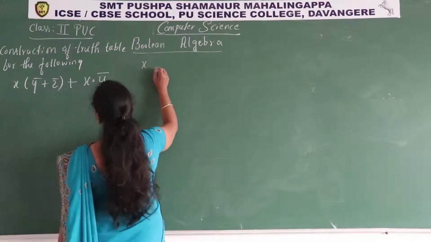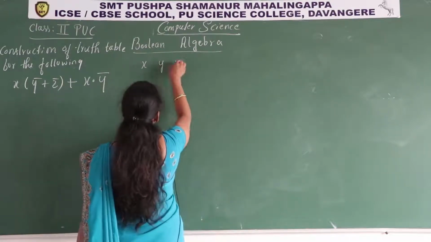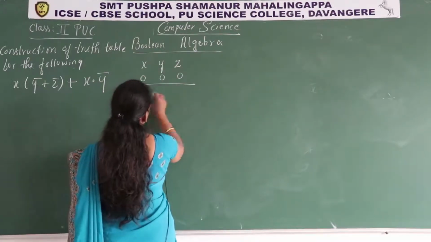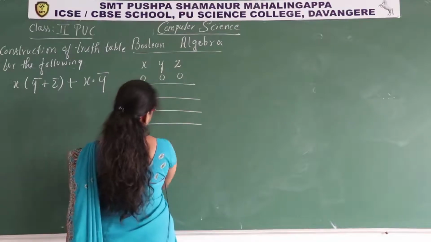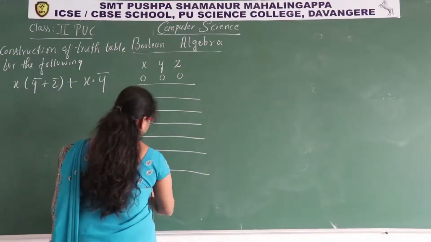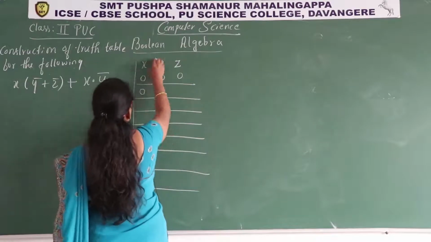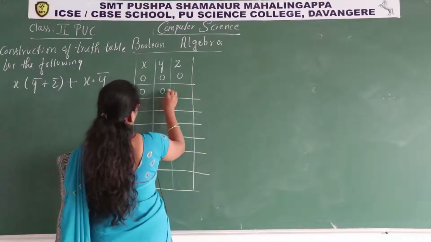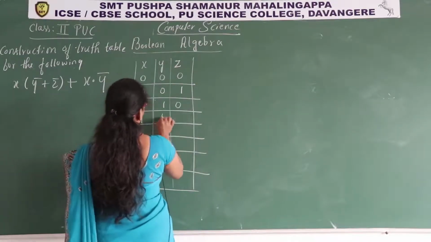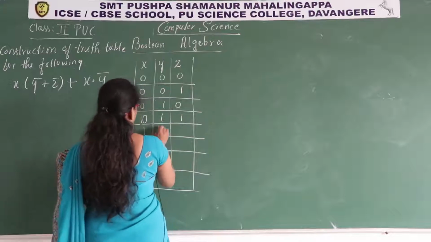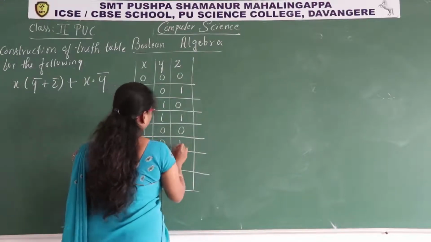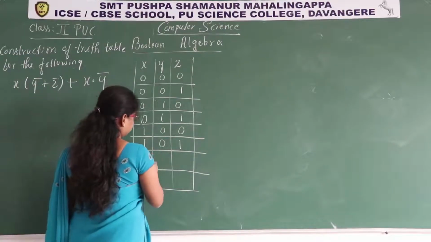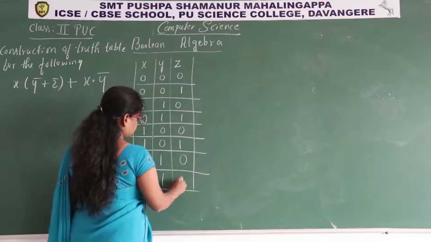I'll write here x, y, z: 0 0 0, 0 0 1, 0 1 0, 0 1 1, 1 0 0, 1 0 1, and then 6 and 7. I hope you know how I am writing these values.